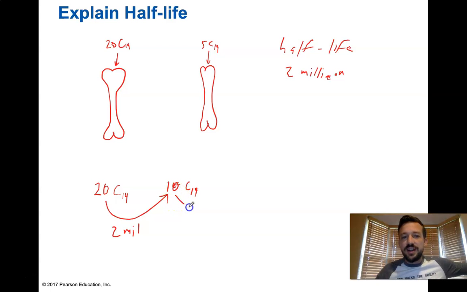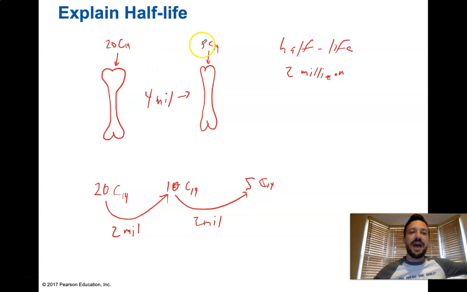If 10 was cut in half, we would have 5 carbon-14s, and that would take 2 million years, right? So we could say this bone is 4 million years old because it's gone through the half-life twice.